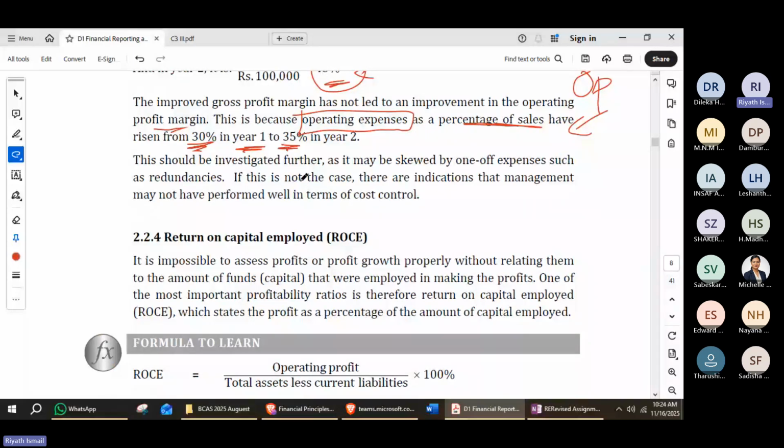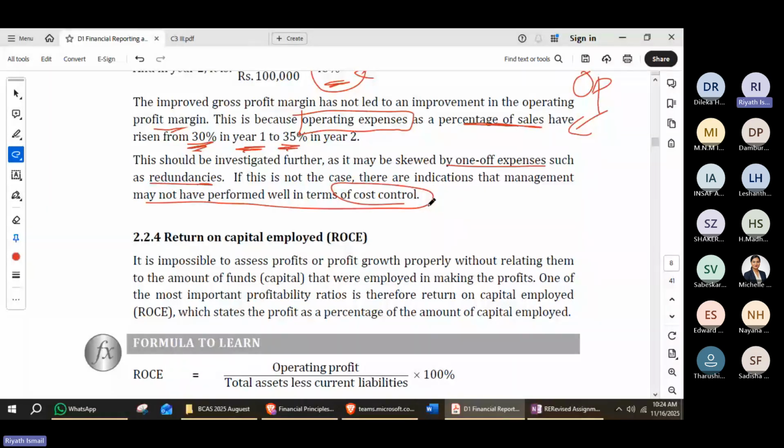This should be investigated further as it may be skewed by one-off expenses, like redundancies. If that is not the case, there are indications that management may not have performed well in terms of cost control, right? The cost control issue.